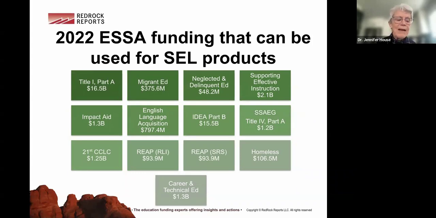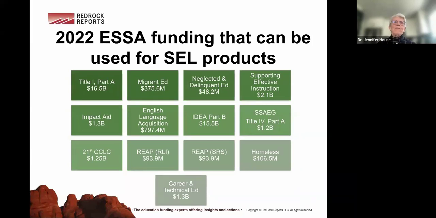Also, remember I said after school programs, your 21st century community learning centers can use that money. REAP, that's your rural education assistance programs. I came from California, I'm now in Oregon, but in California, we had over 1,000 one-school districts.